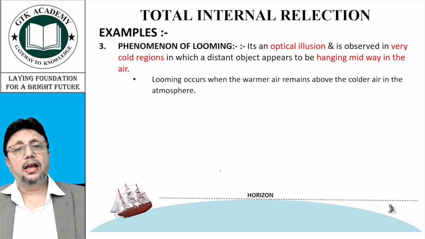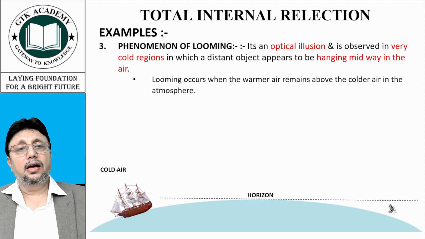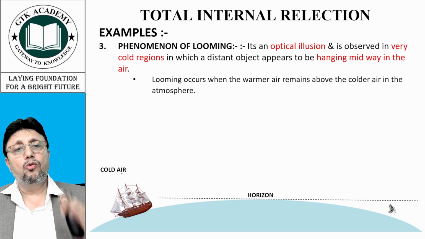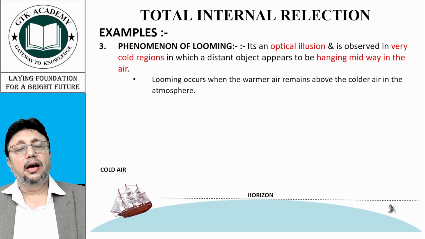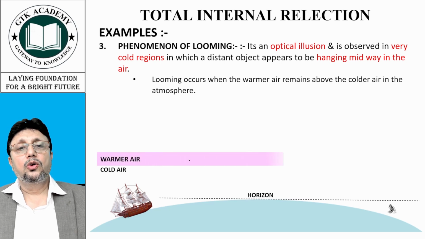emit in every direction. But because of the air being very cold here, the air adjacent to the sea is very cold. And as you move up, the air becomes hotter, less cold, warmer air. So there are some warm air layers, and beneath them there are cold air layers.